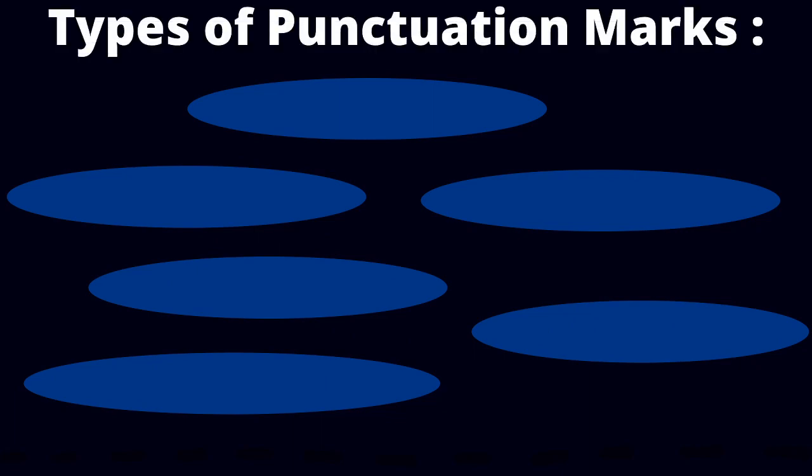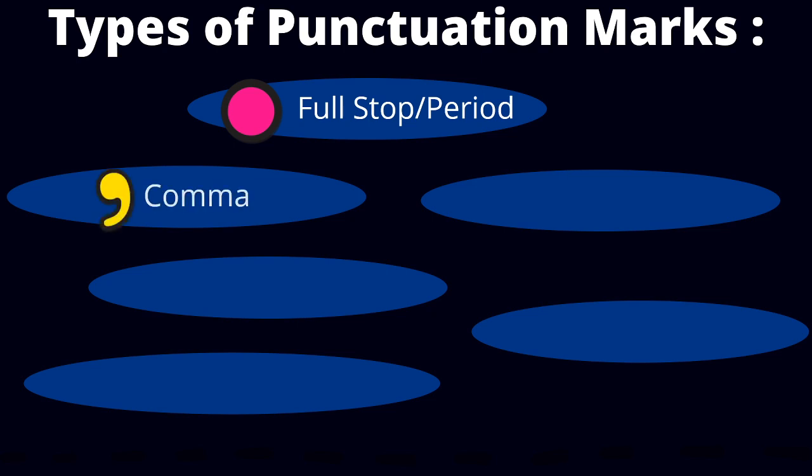We'll see the types of punctuation marks. Here, there's a big dot, which means full stop, or in other words, you can say period. This is a comma. This is a question mark. This is an apostrophe. It looks similar to a comma, but it is placed above the letter.